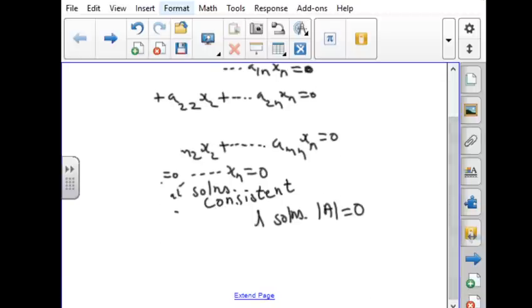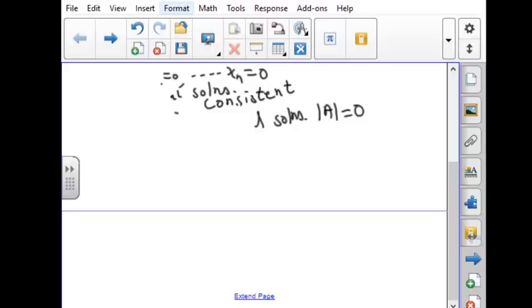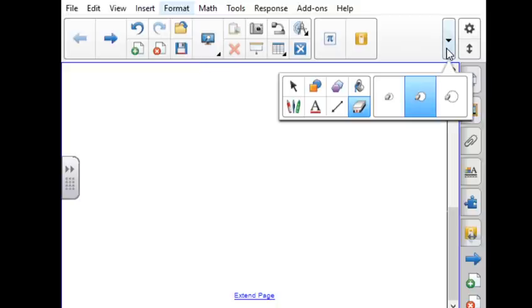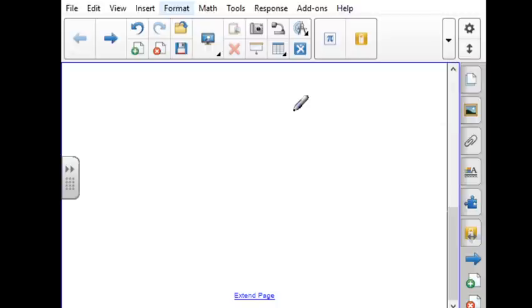Exercise 1.7. Exercise 1.7, question number 1, we will do the first subdivision.